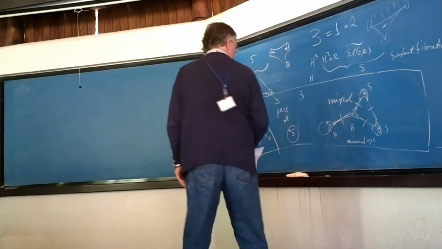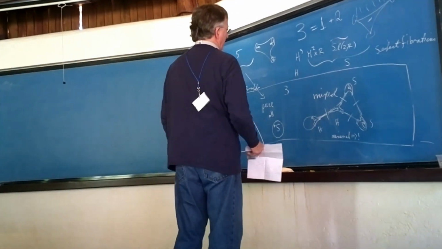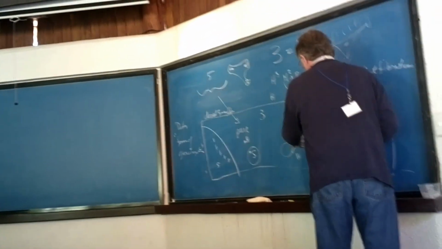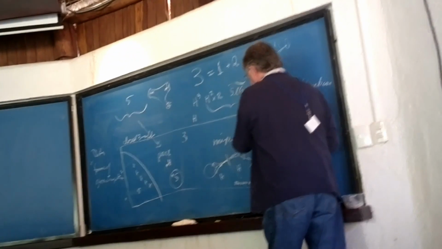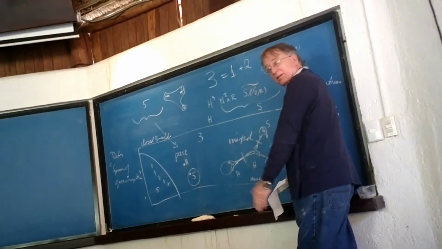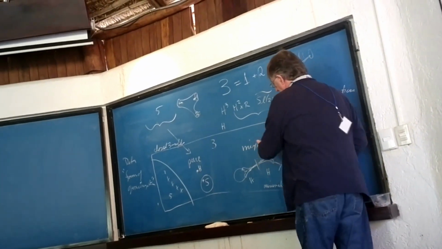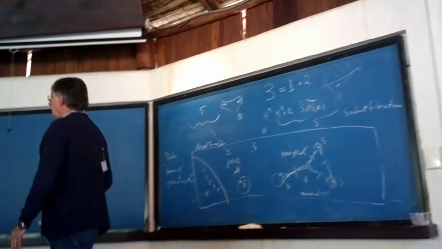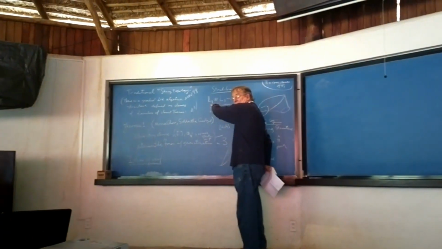So if you only had H's, for example, then all these tori would be homotopic to these tori that separate. And then there's no intersection, and this Lie algebra is completely trivial.